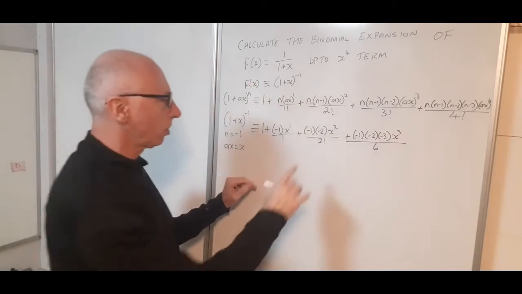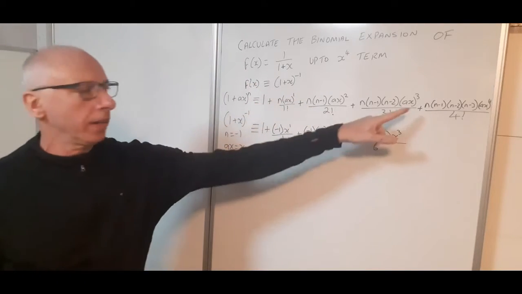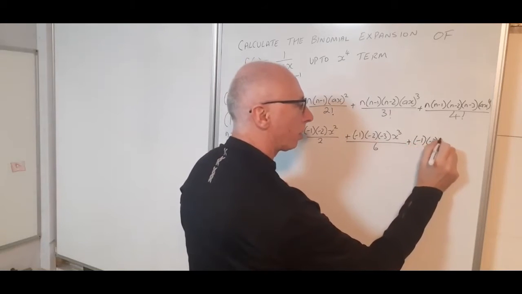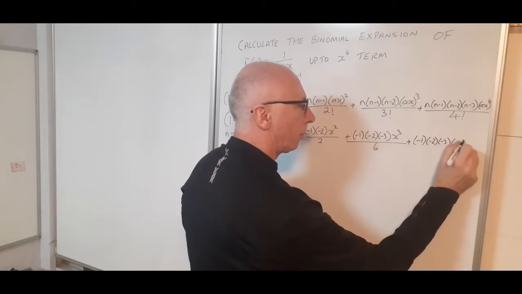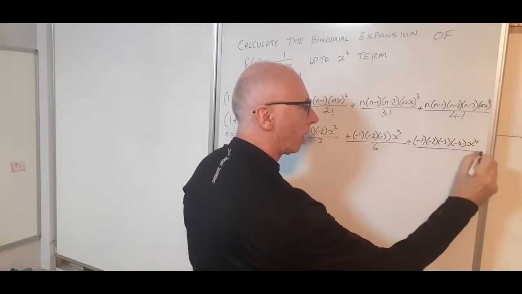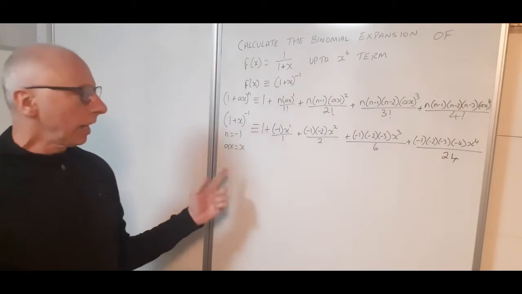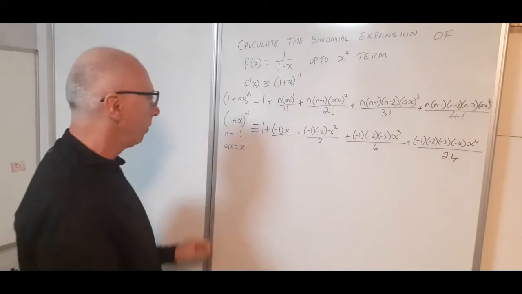So 2 factorial I can just leave as 2. And then the last one, I've got minus 1 times minus 2 times minus 3 times minus 4, x to the 4, and 4 factorial is 24. Okay, now let's just simplify this off.